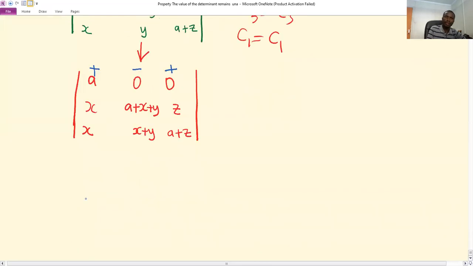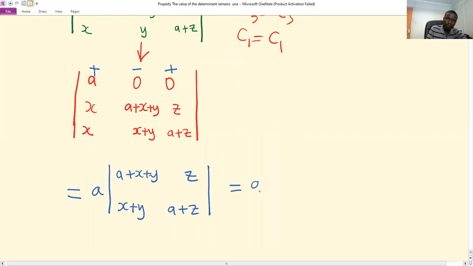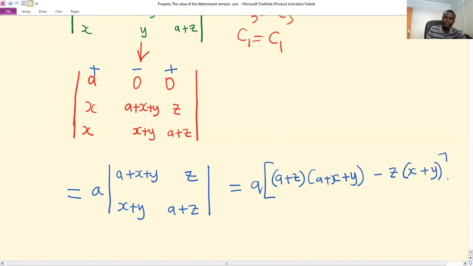So this determinant equals a times the determinant of a plus x plus y, z; x plus y, a plus z, which is a into (a plus z) times (a plus x plus y) minus z into (x plus y).